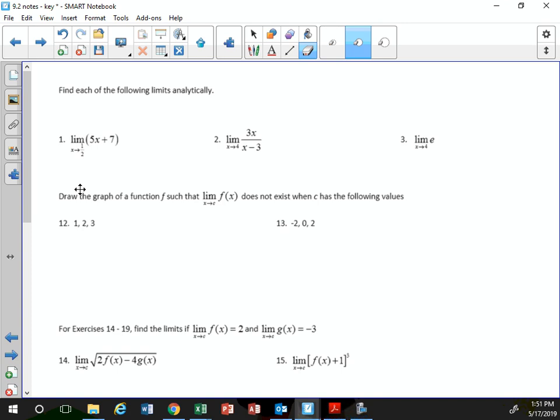Lots of times in notes it'll be simple, and then on the test it'll give me x approaches pi, and I don't know what to do with this. You just plug it in. Cosine of pi would be -1 times pi squared. So you would just say negative pi squared. That's all you do. Just plug it in. Okay.